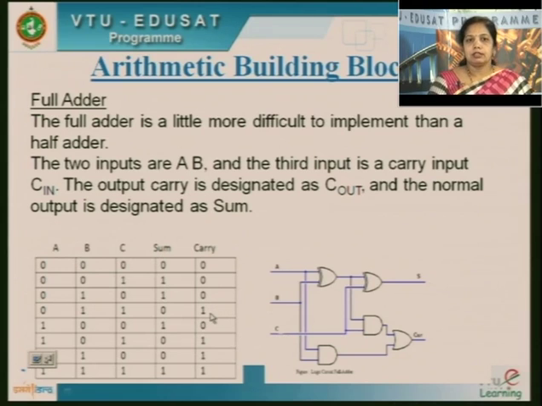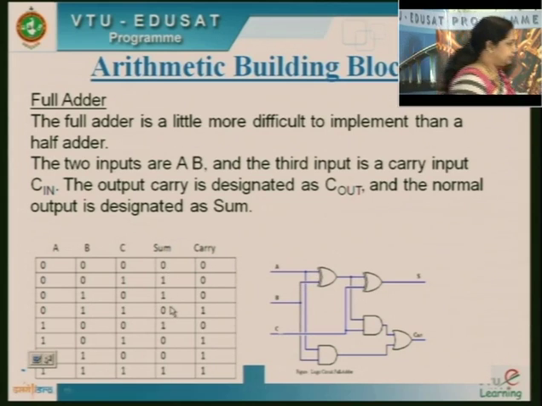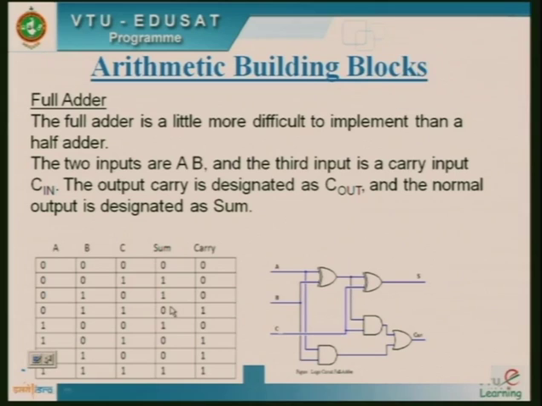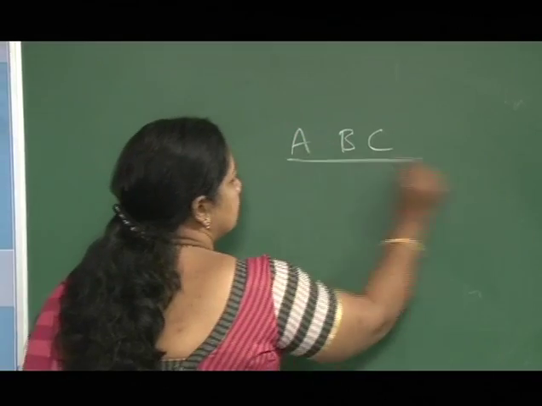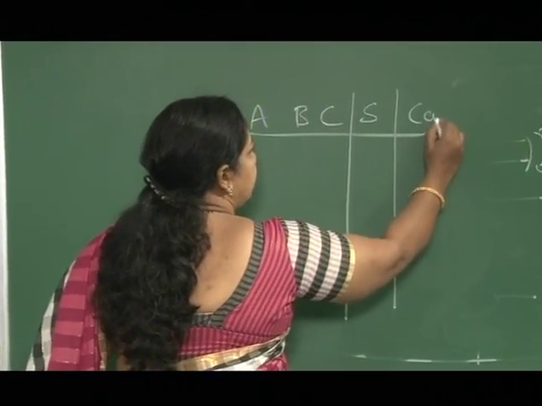So let us solve how we get the equation, what is the equation that I am going to get for sum and for carry. So we have 3 inputs, we have sum, we have carry.